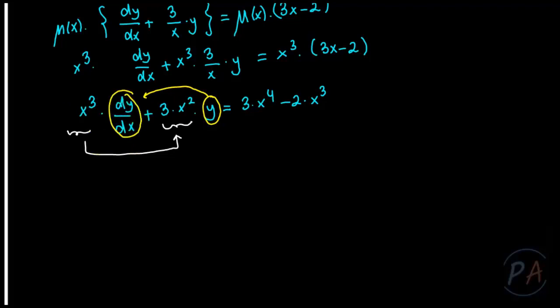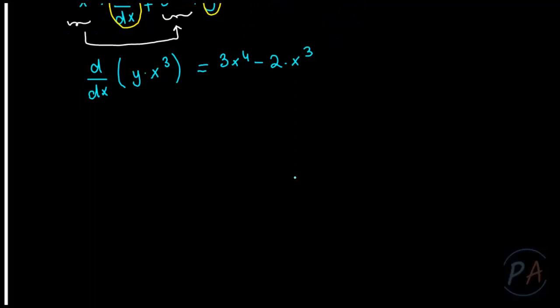So the left hand side can be written as d over dx of y times x cubed, which equals 3x to the power 4 minus 2 times x cubed.